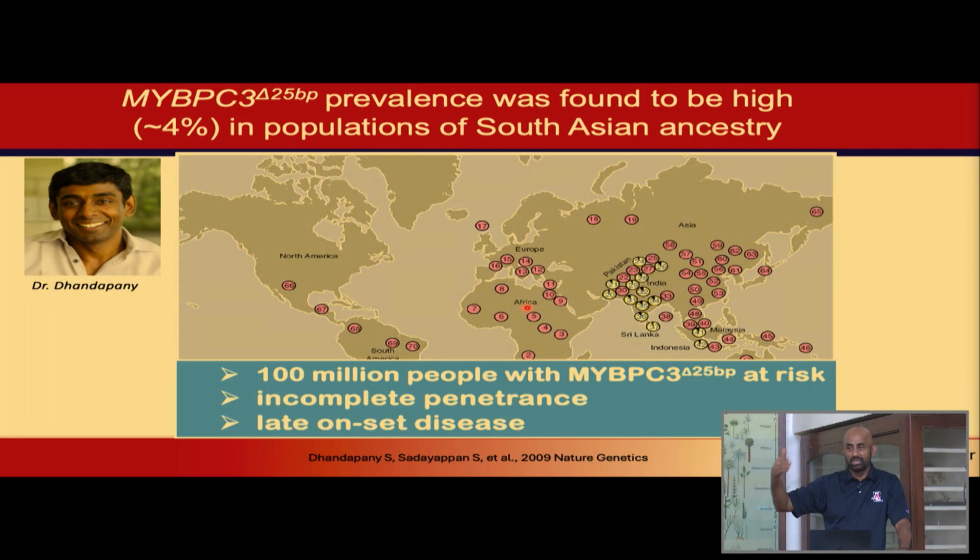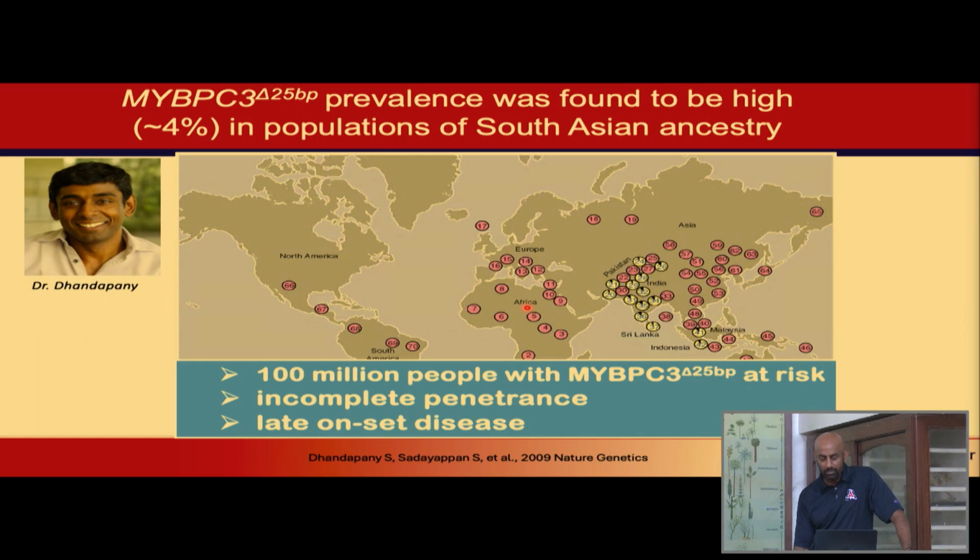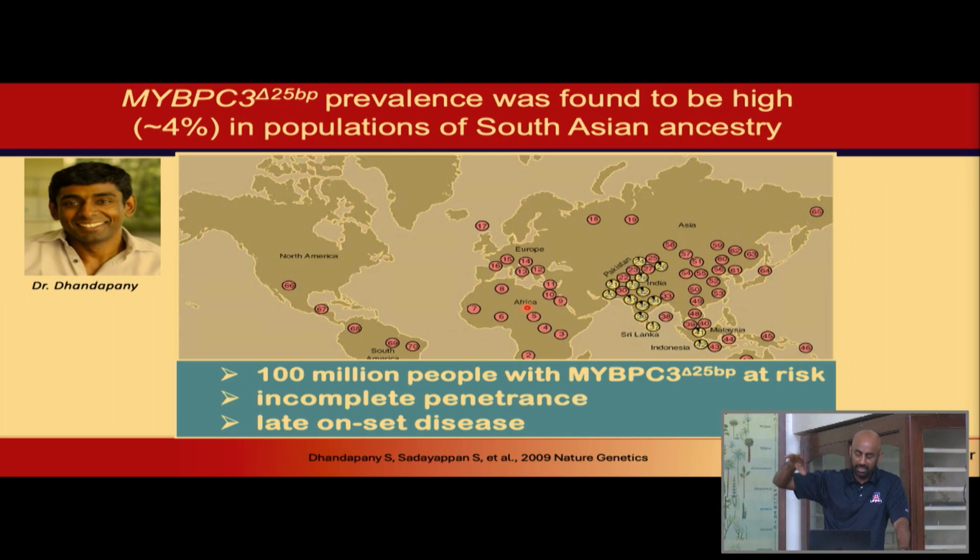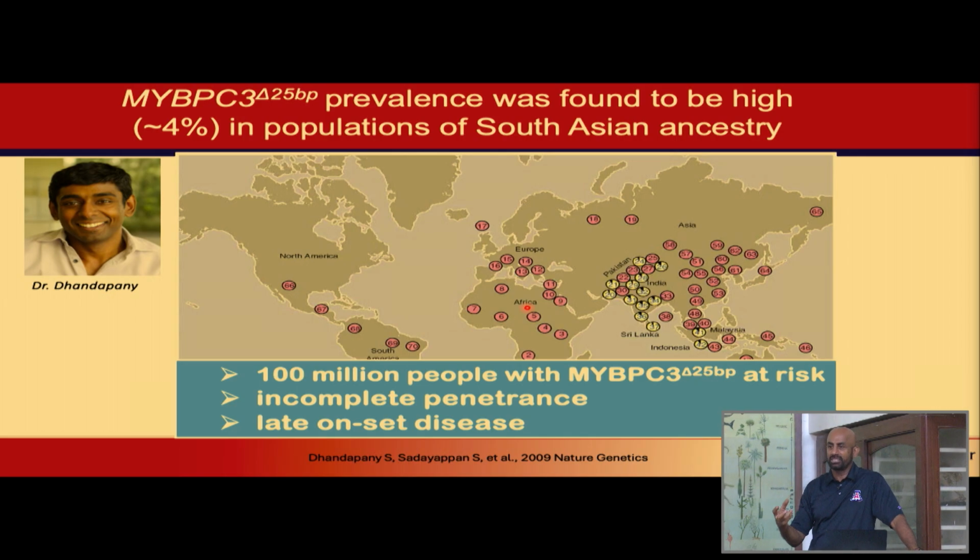After 50 years, 60 years, you see the disease. So we concluded in my study and his study that this can be a secondary risk factor. Again, we talked about hypertension, diabetes, etc. So if you have this variant plus all those secondary risk factors, you can develop the disease early on.